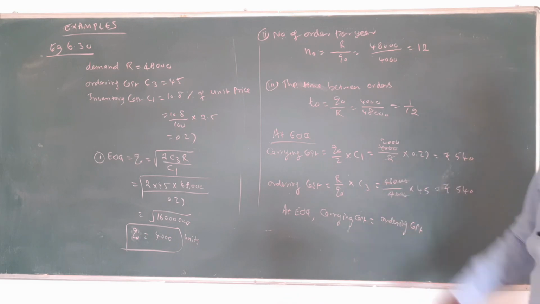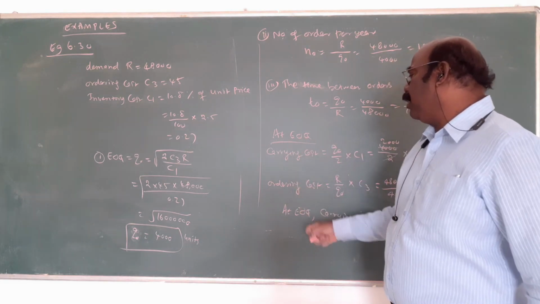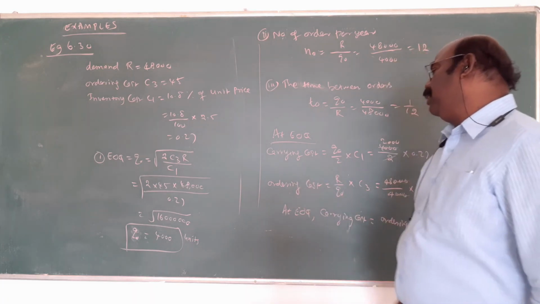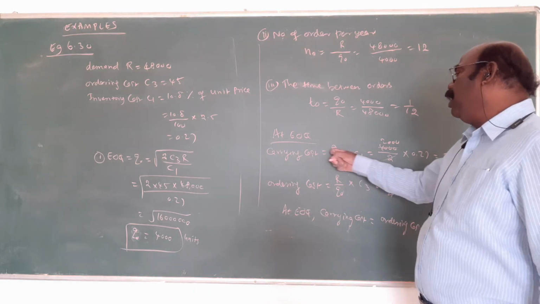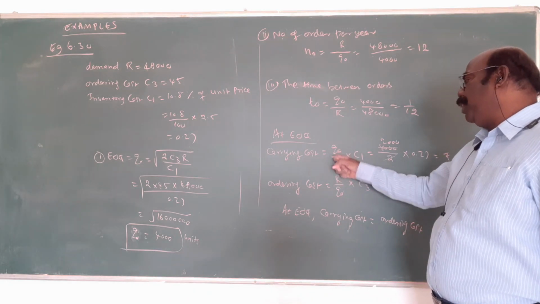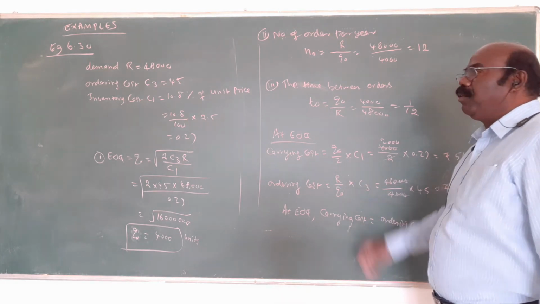This is asked: also verify that at EOQ the ordering cost will be equal to carrying cost, or carrying cost equal to ordering cost. That's one more formula: Q naught by 2 into C1 equals R by Q naught into C3. Both are equal.